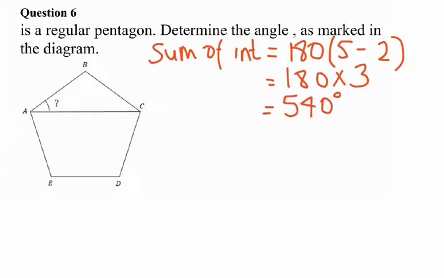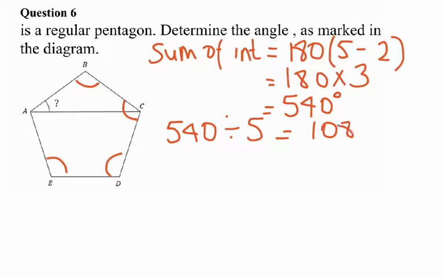Now, if I wanted to find an individual angle, for example those that I've marked there in red, then I should be able to do 540 degrees divided by 5 and get an answer of 108 degrees. I can do that because it's a regular pentagon. Okay, so I now know that that angle there is 108 degrees.